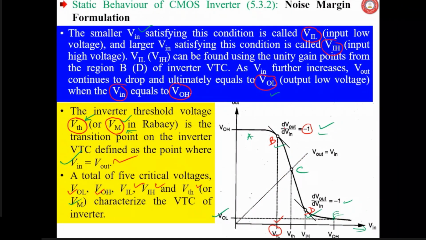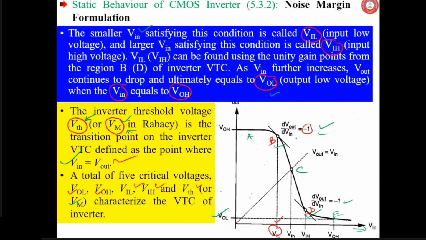VIL occurs when the gain dVout by dVin equals -1. VIL is that input voltage at which the gain is -1, and VIH is that input voltage at which again the gain is -1. The first one, VIL, is in region B and VIH is in region D. That you must remember. This diagram will be useful to understand.